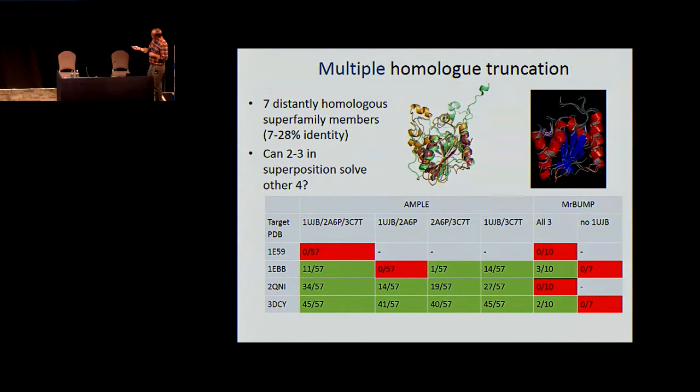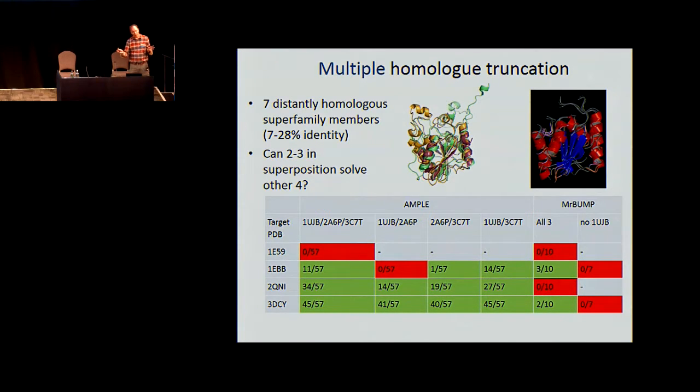And sure enough, when we compare AMPLE here against standard Mr. Bump, we can see straight away there are targets that AMPLE solves, where Mr. Bump doesn't. Don't worry about these numbers. Mr. Bump is also quite sensitive to the presence of one of these 3. If you don't have that, the other pair doesn't work, whereas AMPLE generally works with any 2, and especially 3 of those.